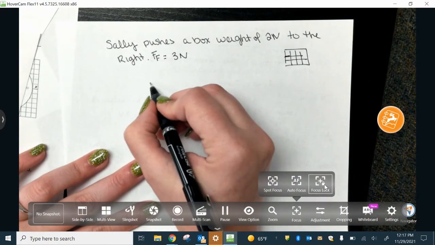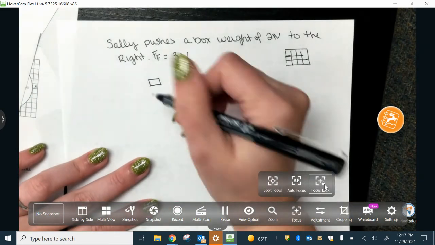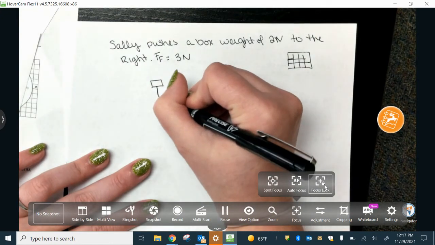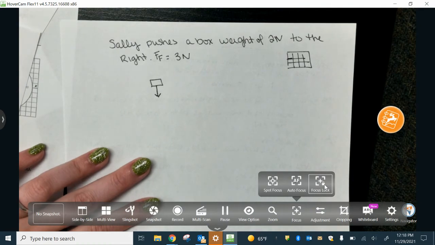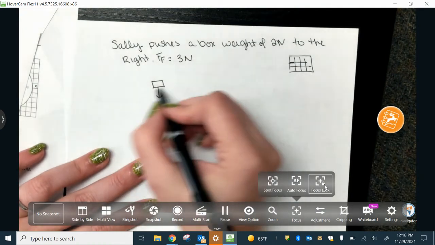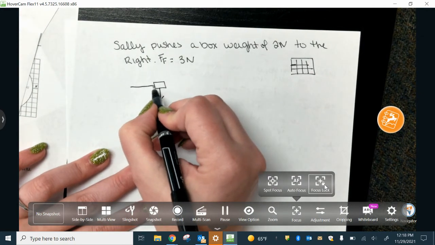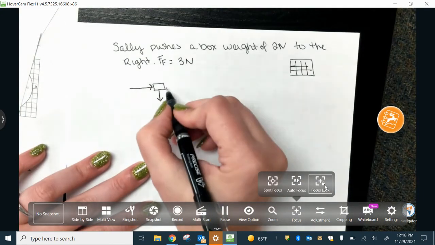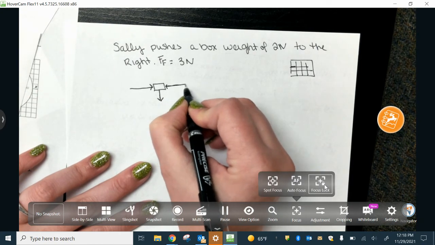So I got to draw my free body diagram. There's my box. It has a weight of 2 newtons, so that would be two lines on my box. She's pushing it to the right, she's pushing it this way, and it's going that way. So you have to have a large push, larger than the frictional force. And you have a 3 newton frictional force, so 1, 2, 3.